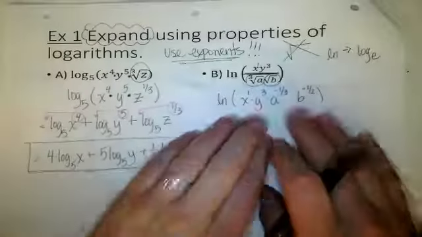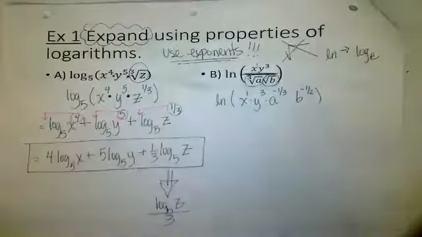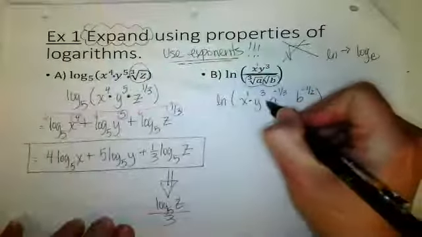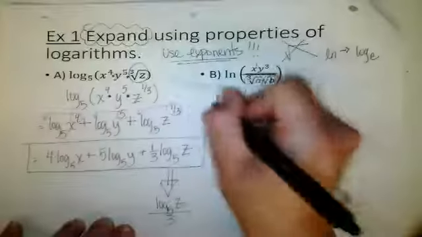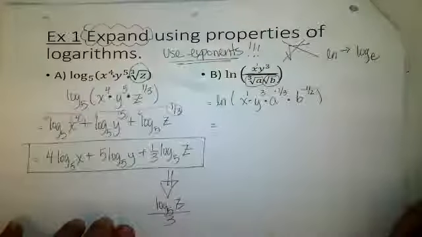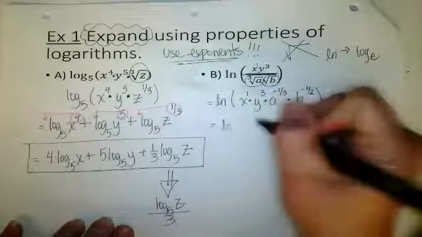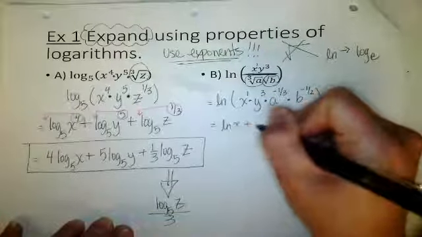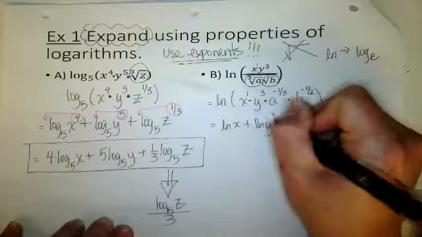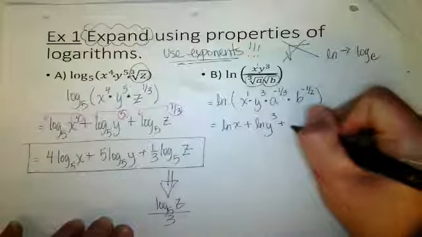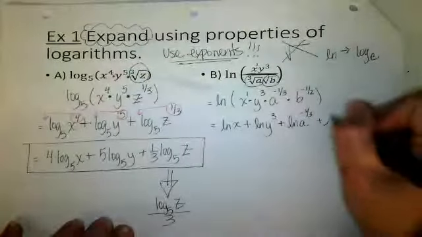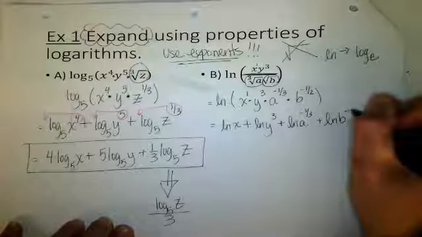So I much prefer you to go this direction and rewrite it just using exponents. So now we just have a giant product. How are we going to expand that, do you think? Natural log of x plus natural log of y cubed plus natural log of a to the negative 1/3 plus the natural log of b to the negative 1/2.